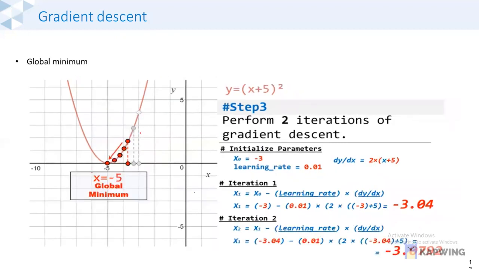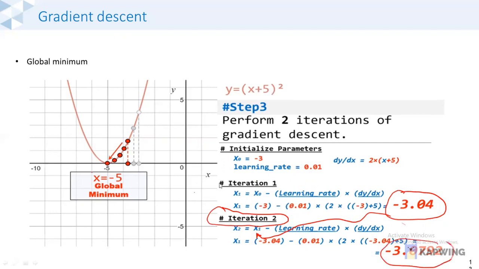So let us apply a second iteration and see its effect on the graph. My previous weight, or previous value, is -3.04. So when I put in the value, clearly I can see that my new value is -3.0792, which is near my global minimum.